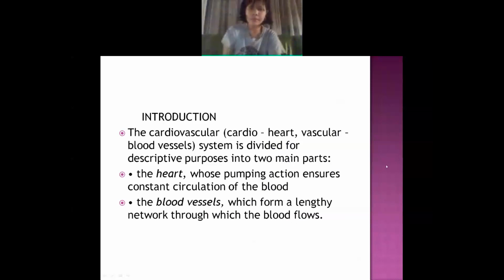Tumpe, tumpe jilan, can you hear me? Krishna Rajbongsi, can you hear me?